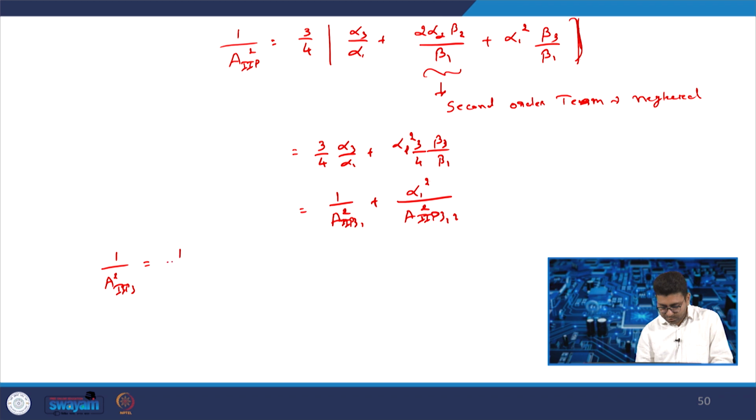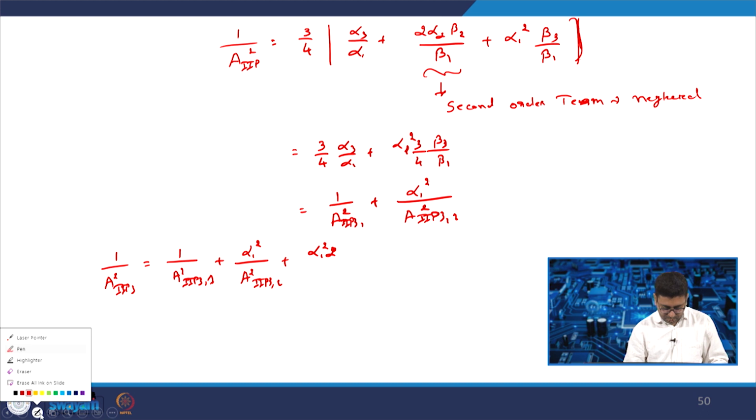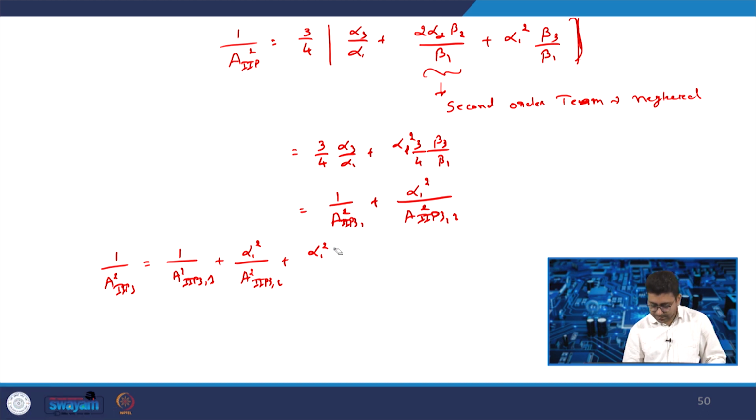Total is given by 1 upon a square IIP3 of the first stage plus alpha 1 square a square IIP3 of the second stage, then alpha 1 square beta 1 square by a square IIP3 of the third, and it will go on.